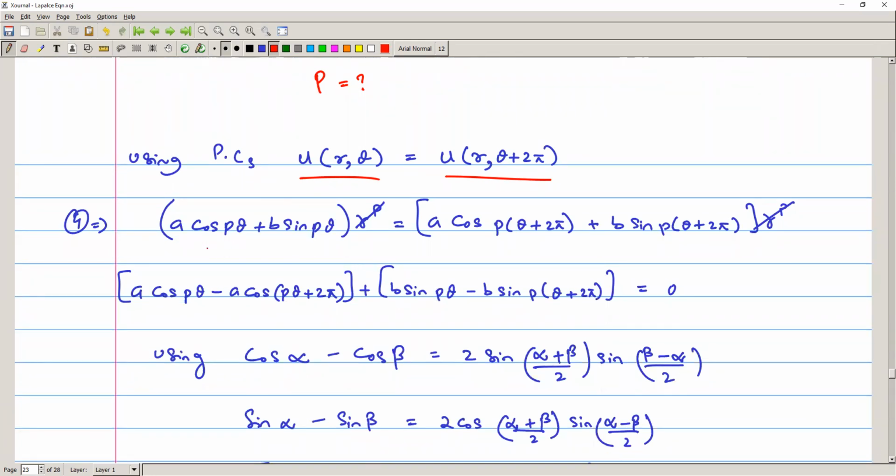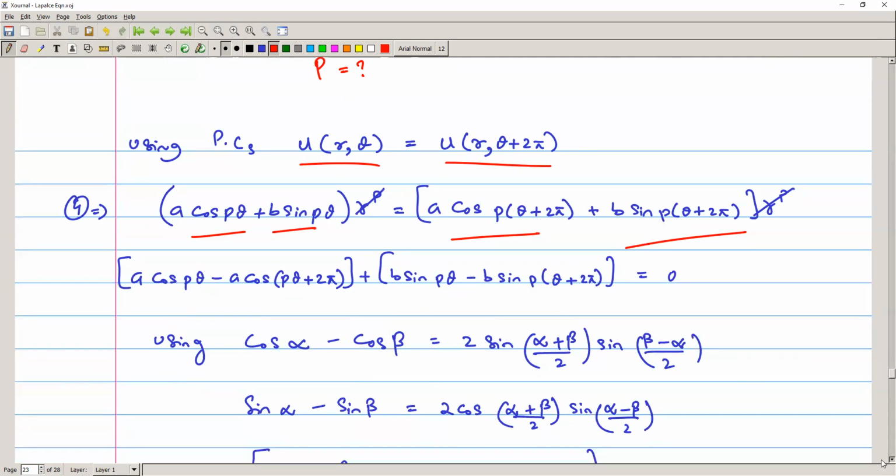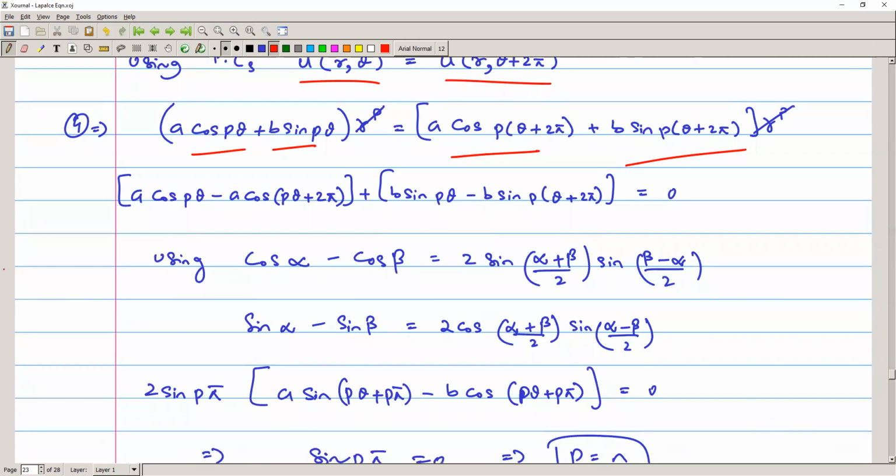So here we can apply: a cosine p theta plus b sine p theta times r to the power p is equal to a cosine p (theta plus 2 pi) plus b sine p (theta plus 2 pi), times r to the power p, right? R to the power p cancels out on both sides, and now we will simplify and arrange the like terms. All right.